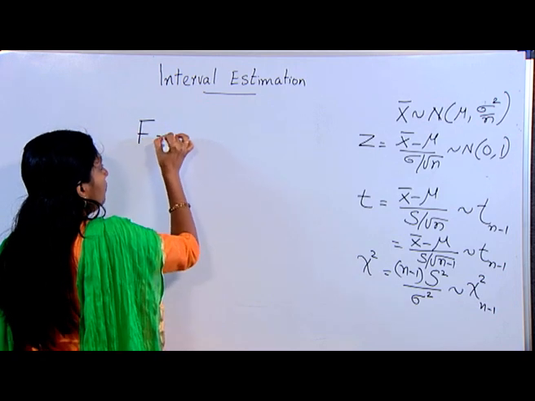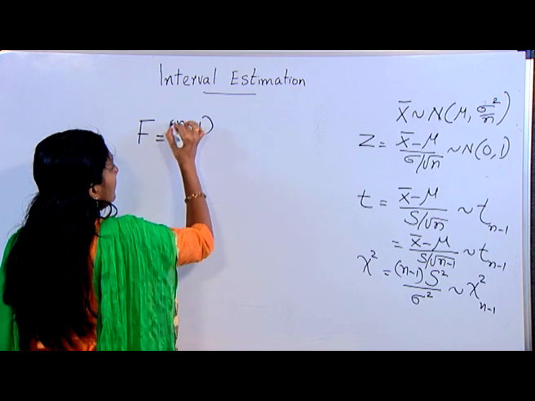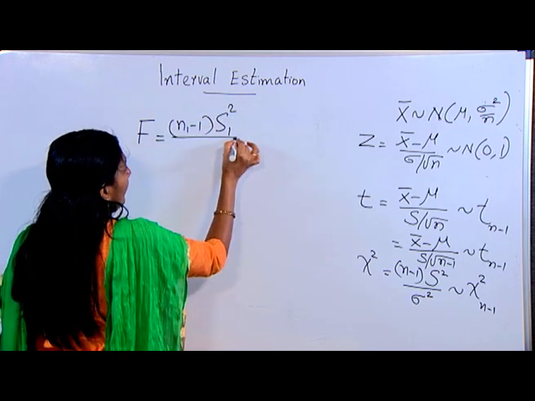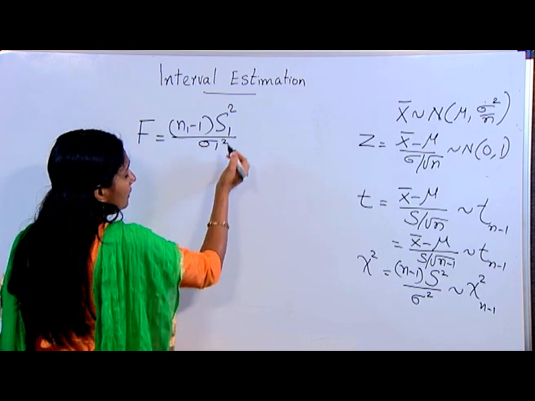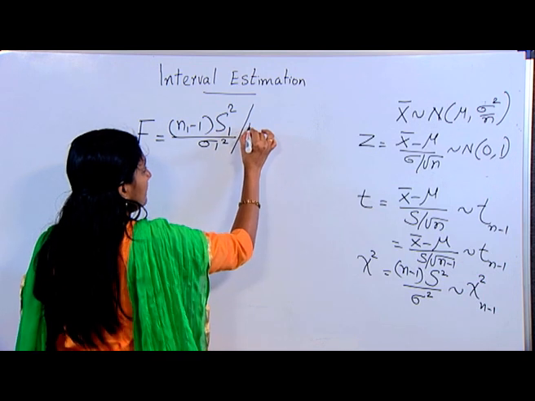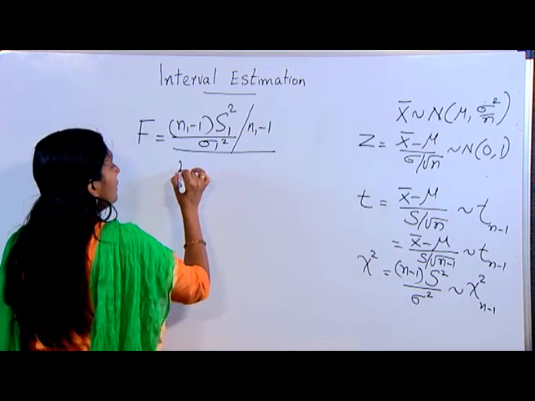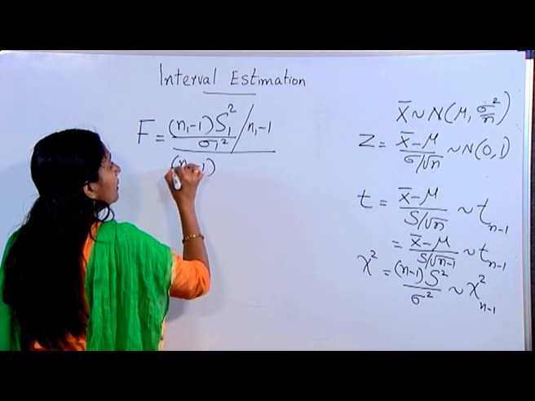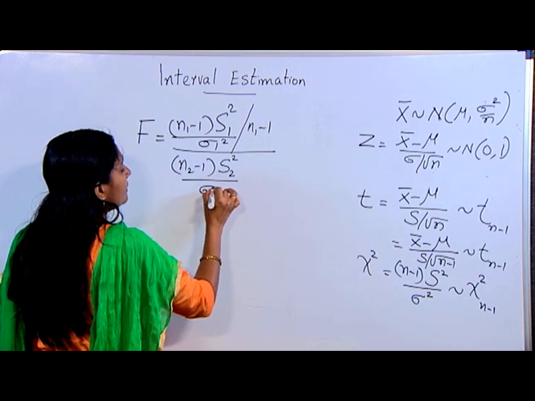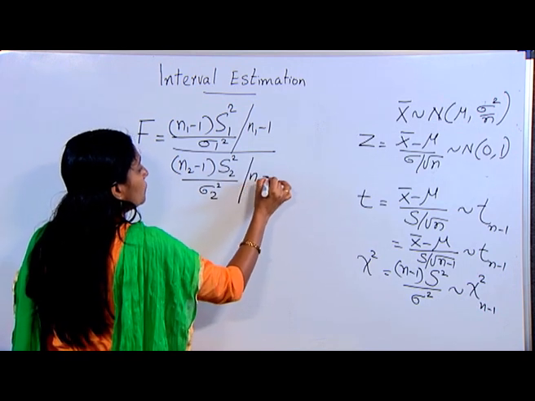And we have one more statistic, F. F is equal to n1 minus 1 S1 square divided by sigma 1 square whole divided by its degrees of freedom, that is n1 minus 1, again divided by n2 minus 1 S2 square divided by sigma 2 square whole divided by n2 minus 1.